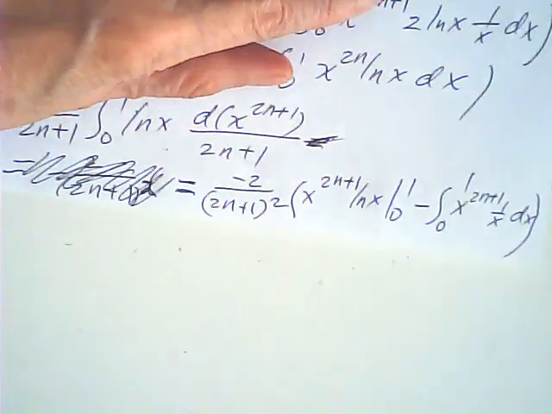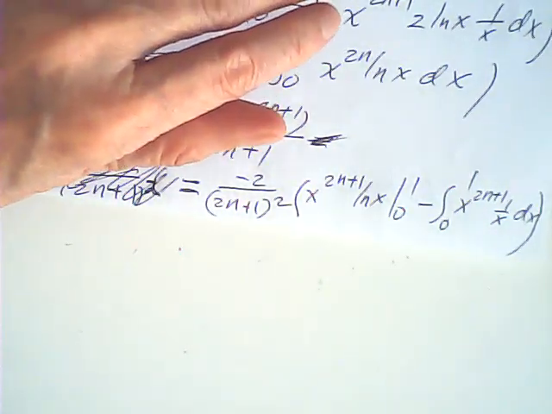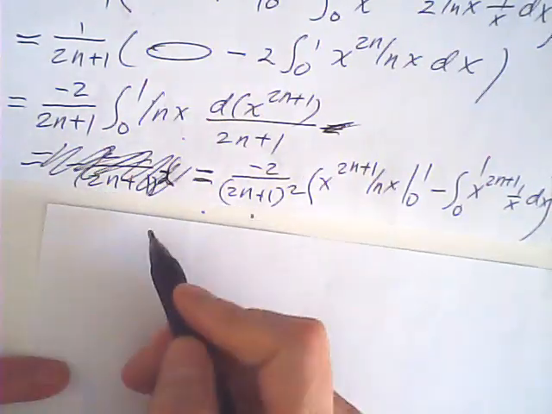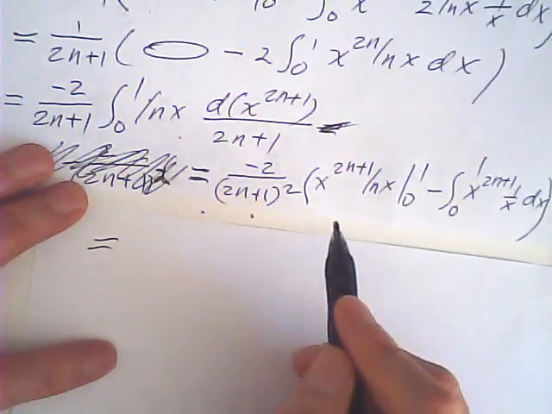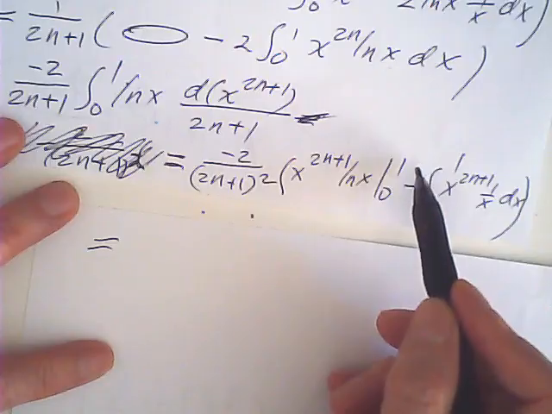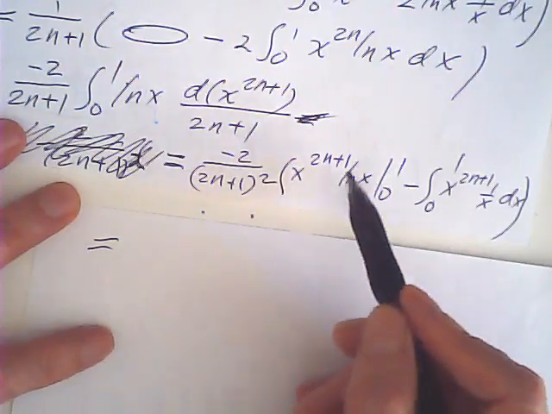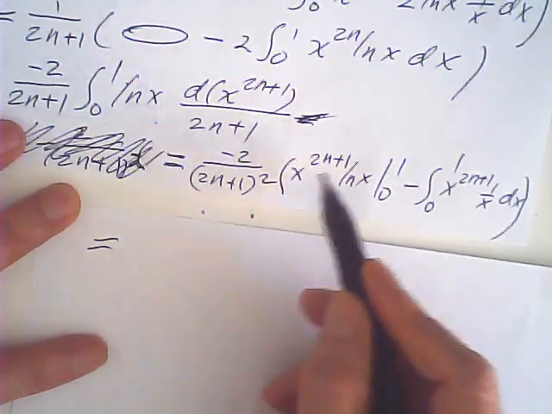Wow, it's good. So this is equal to, when x equals 1, 0. When x equals 0, use L'Hopital's rule. I leave the job for you to do, that's 0.